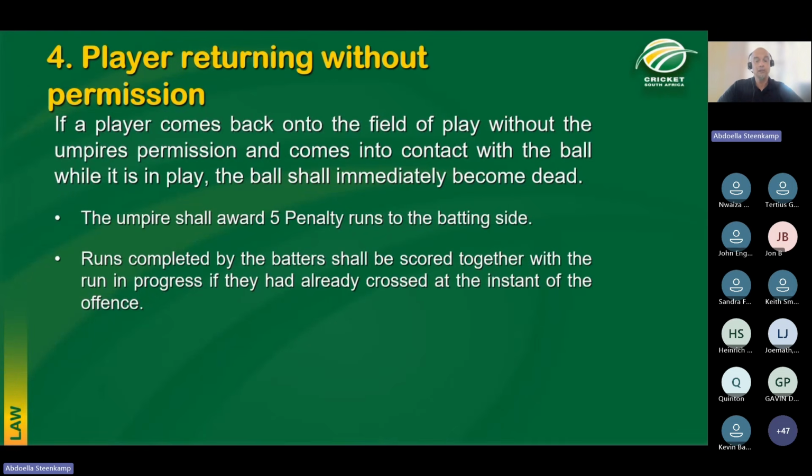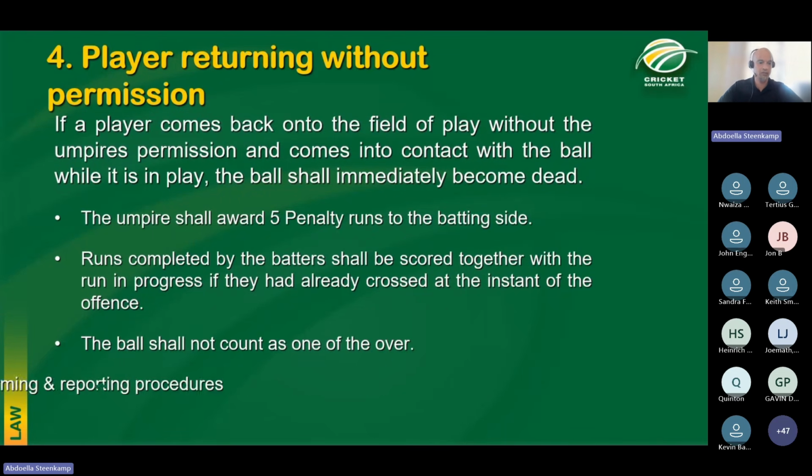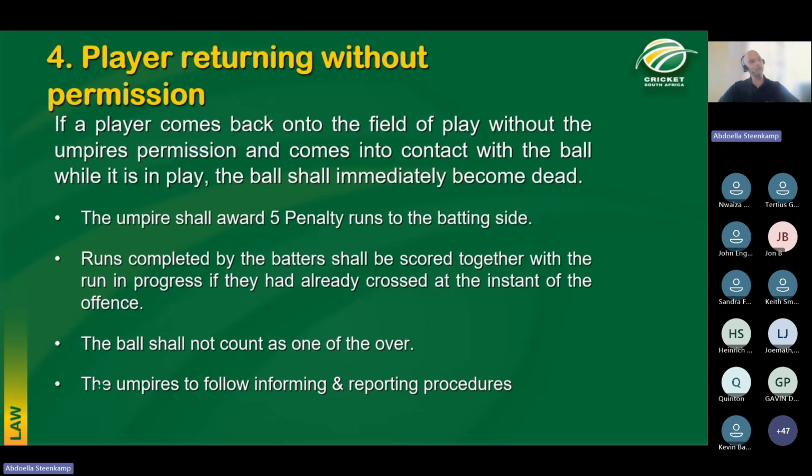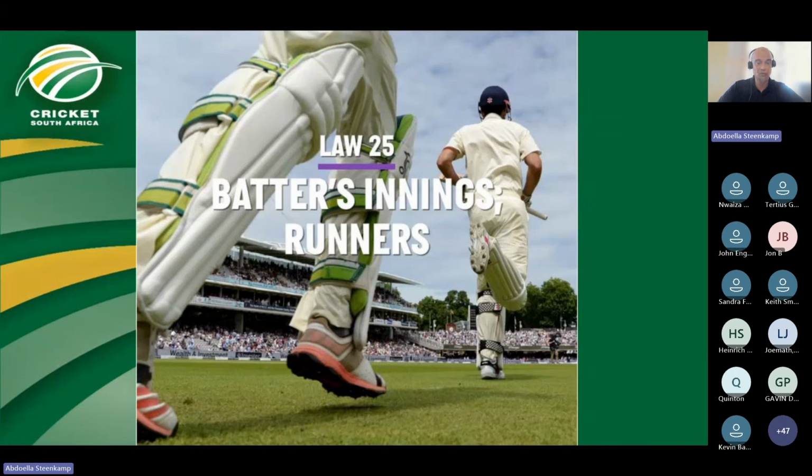And if they cross at the instant when the fielder touched the ball, that run also counts. More punishment. That ball does not count as one for the over. And you'll inform everyone of what has happened, and you need to report this to the governing body as per the law. So you can see quite harsh punishment. So it's important that fielders coming back from injury after getting treatment inform you.